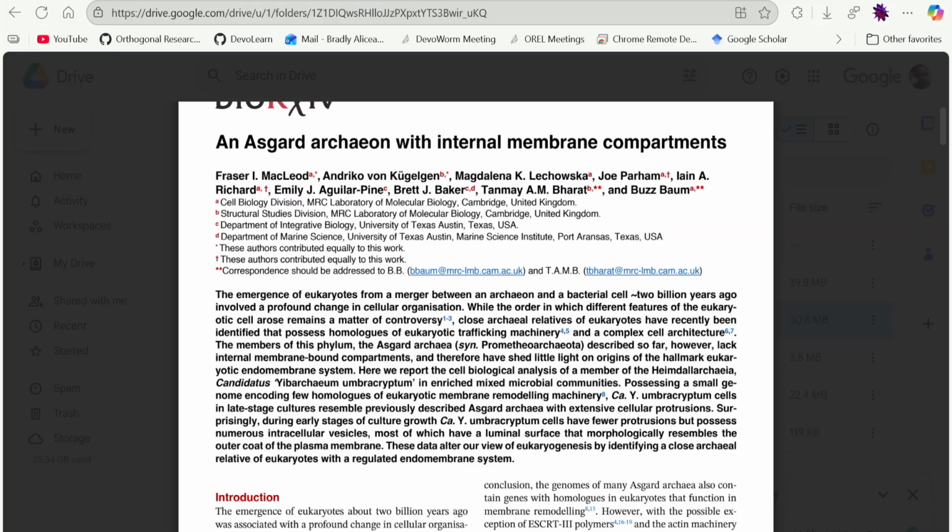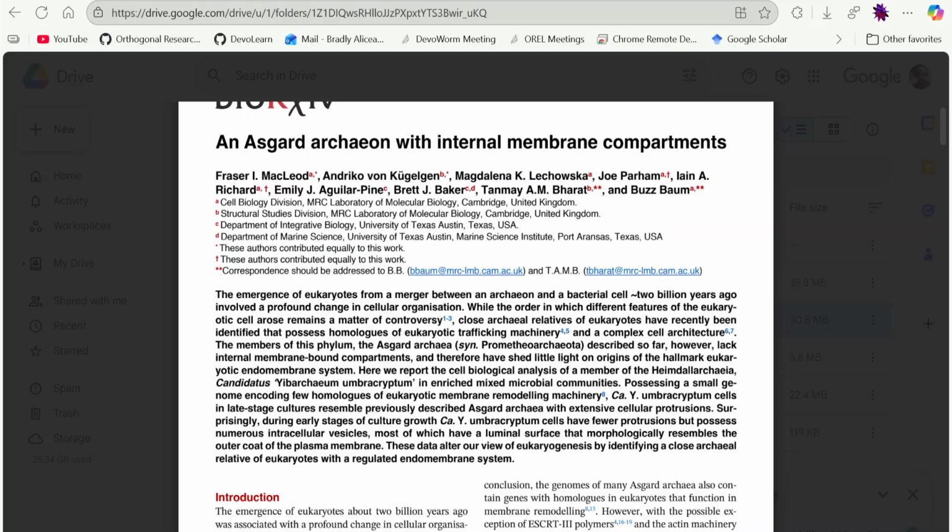So these archaebacterial cells have homologs of the eukaryotic trafficking machinery, a complex cell architecture, and other traits very similar to the eukaryotic cell. The members of this phylum, the Asgard archaea, the proto-eukaryotes, however, lack internal membrane-bound compartments, and therefore have shed little light on the origins of the hallmark eukaryotic endomembrane system.